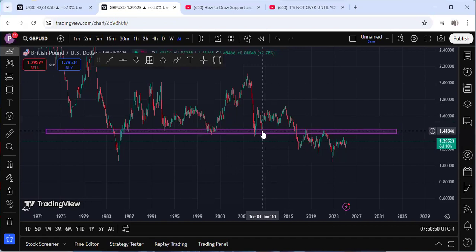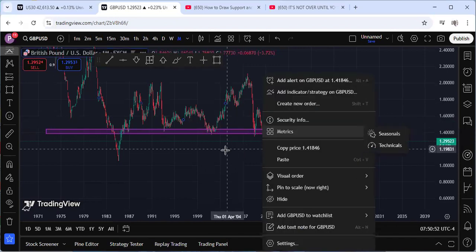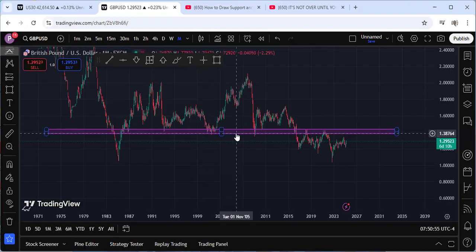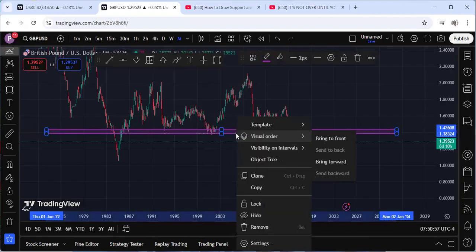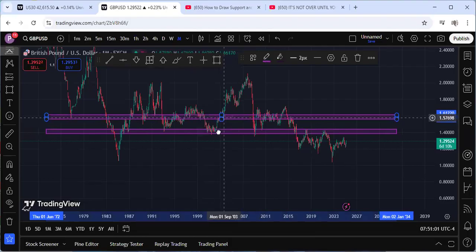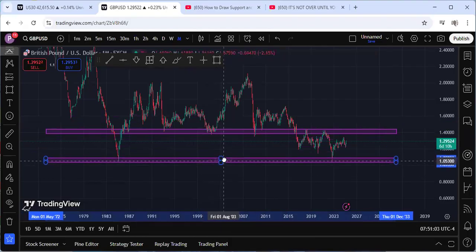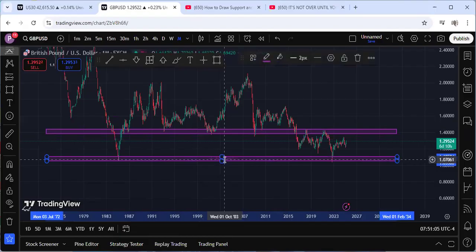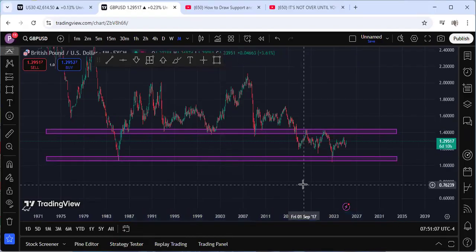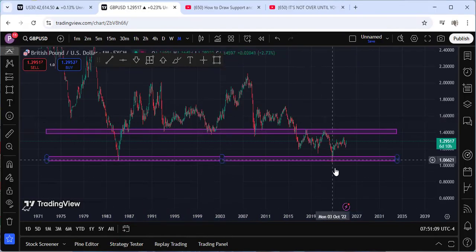Now, let me clone this. Just double right click, and once you right click it, you clone. This is another key level here. So the market will be moving along and it will bounce up from these key levels.